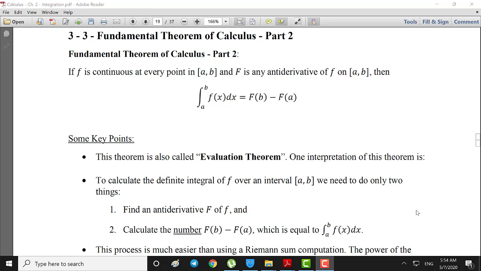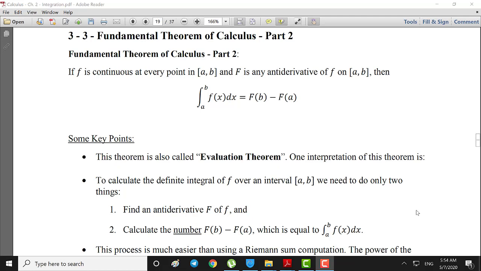This theorem gives you a way to calculate definite integrals very, very easily. It is the theorem that you use whenever you want to calculate a definite integral, and it lets you avoid using the definition of the definite integral to calculate the result.